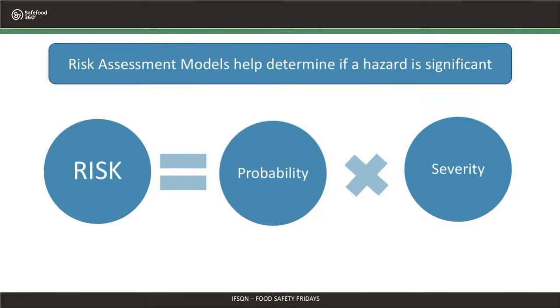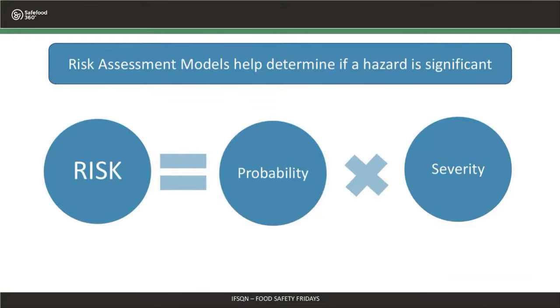So risk assessment is used to separate those hazards which require tight control from those requiring lesser control. And it can be said that significance is an expression of risk. In food safety, risk is a measure of the combined severity of impact from a hazard and its probability of occurrence.